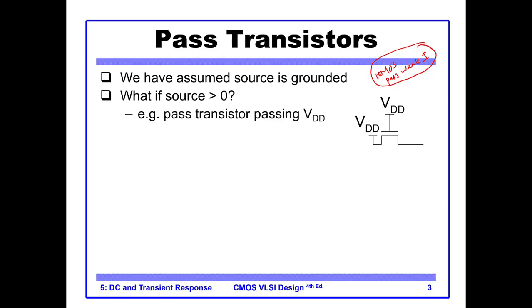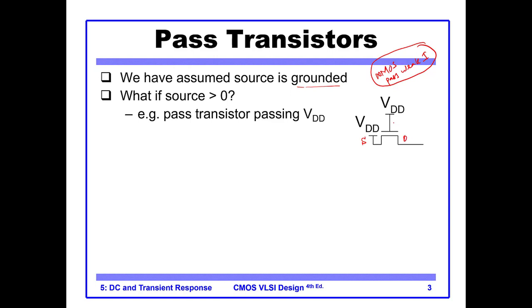So until now we have been using the source and it was grounded, okay? But what if the source is not grounded and for example we have VDD connected to the source?